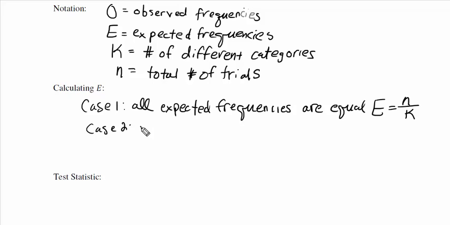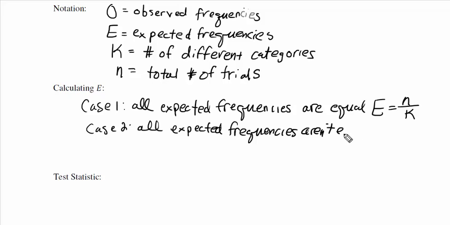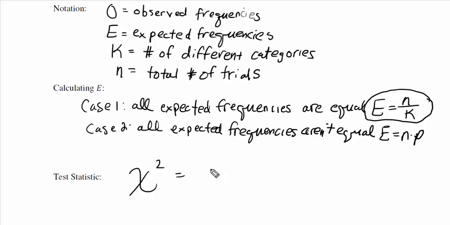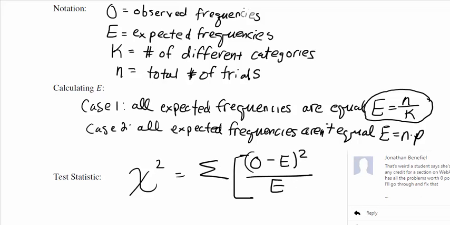Case 2 is when all expected frequencies are not equal. Then E will be your normal N times P formula. Actually, in case 1 it is N times P, where P is just 1 over K, but that's just a shortcut way of saying it. And then the test statistic chi-squared is the sum of the observed minus the expected frequency squared, divided by the expected frequency.